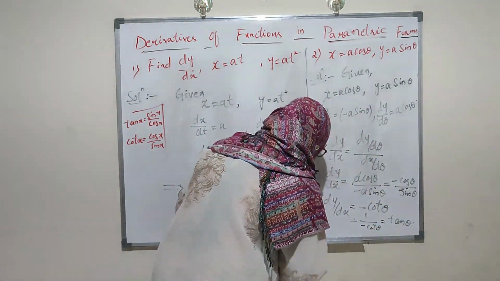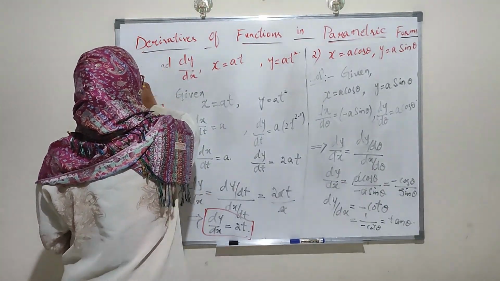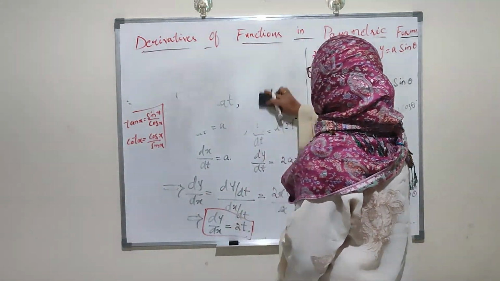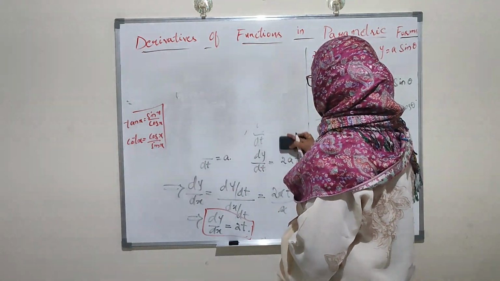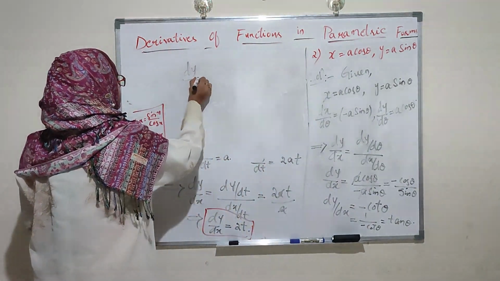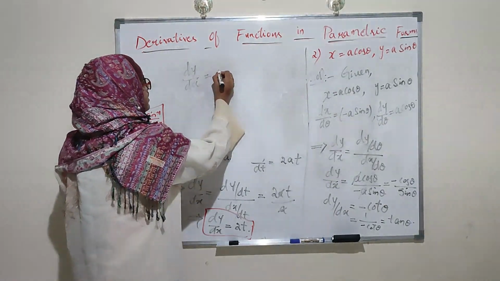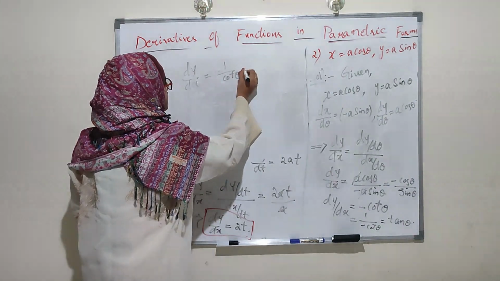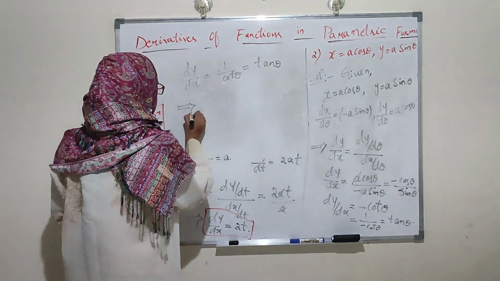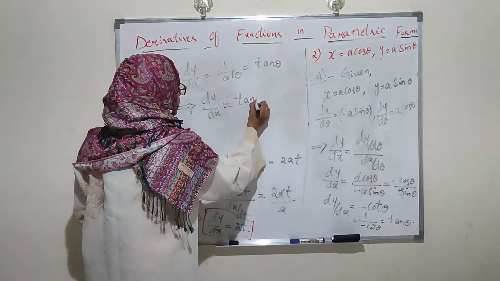Final answer is dy by dx is equal to minus 1 by cot theta, is equal to plus tan theta. Now this implies dy by dx is equal to tan of theta.